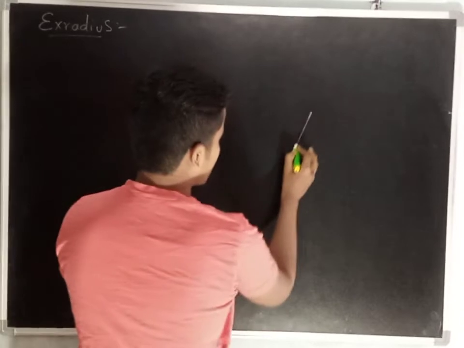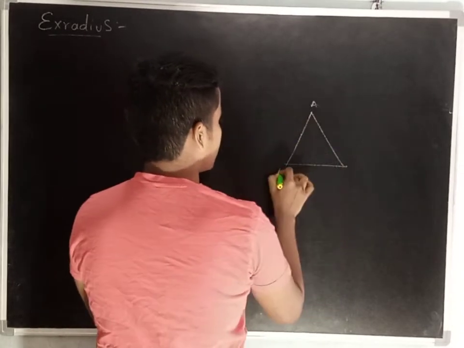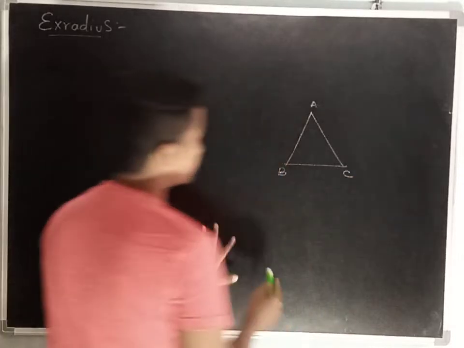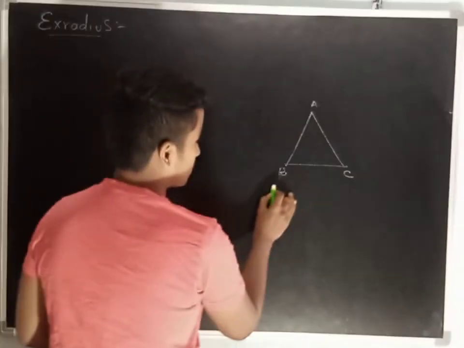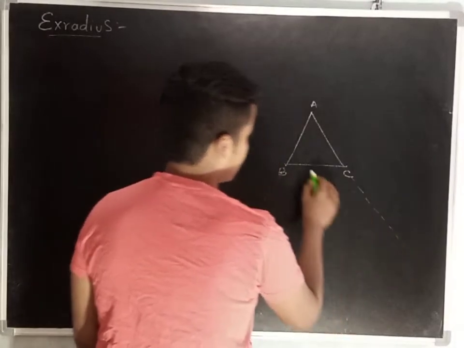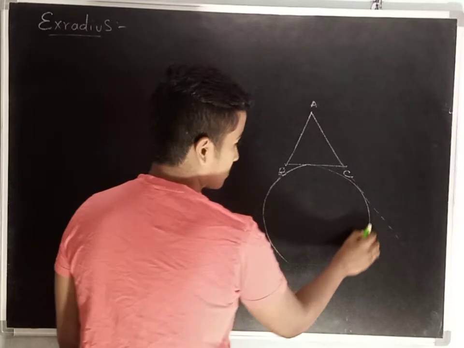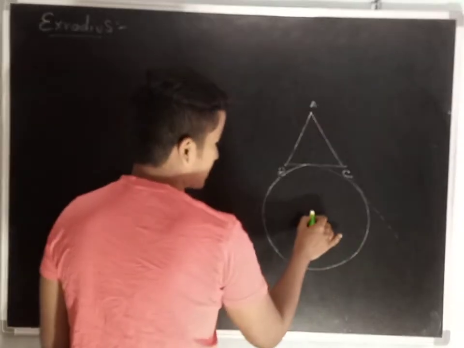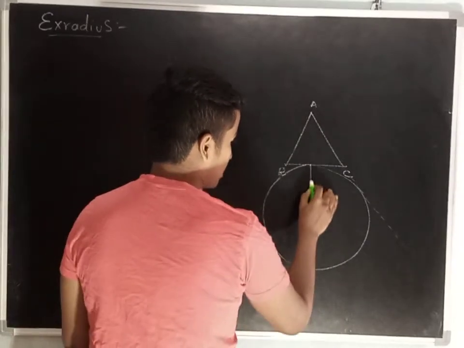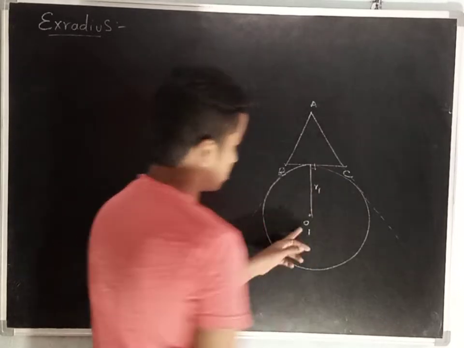Let me consider the same diagram. Triangle A, B, C. Let me extend these two sides and let me draw a circle which is called the excircle. Here its perpendicular length is nothing but R1, its center is O1.